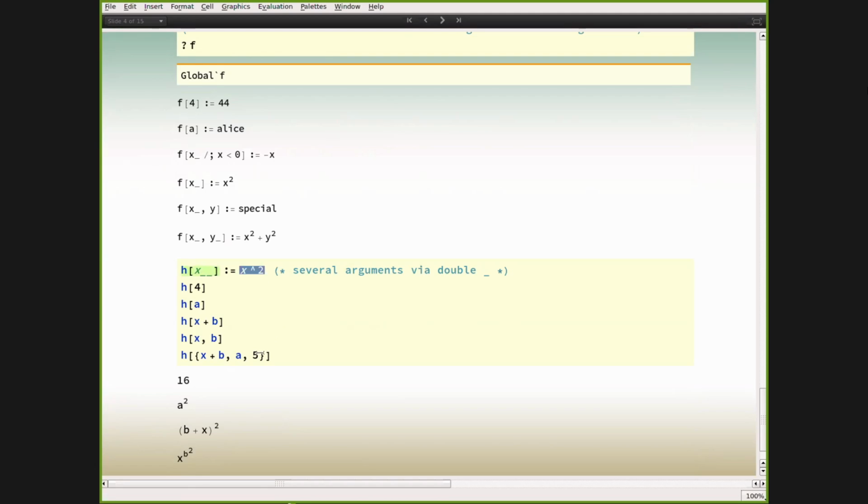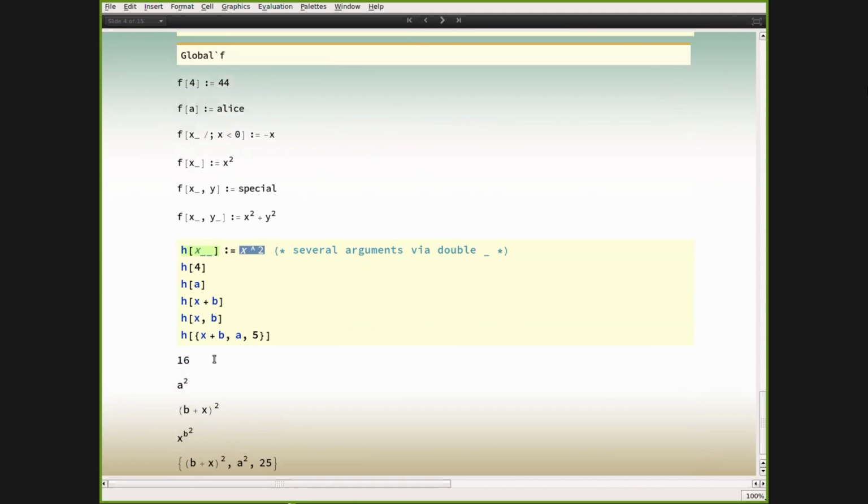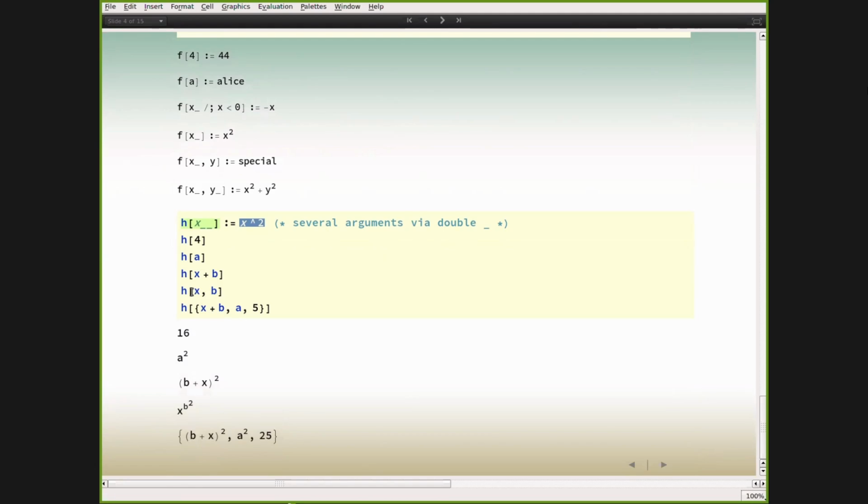I think this is the most interesting one. When you have x plus b, a, and 5, not last, but last by 1, x and b, you have here 2 arguments, and this is taken as a sequence of arguments. So you have x to the power of b, and then it is squared.